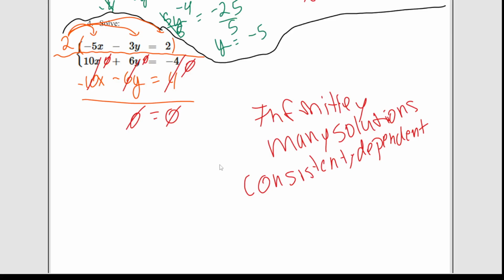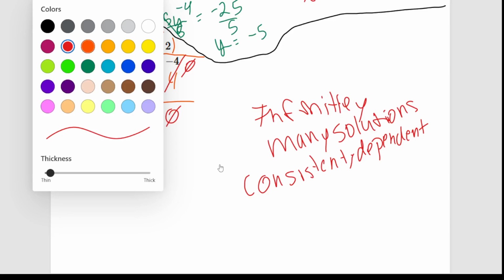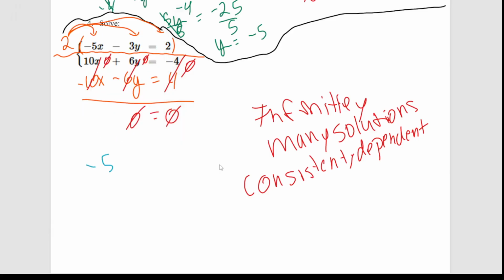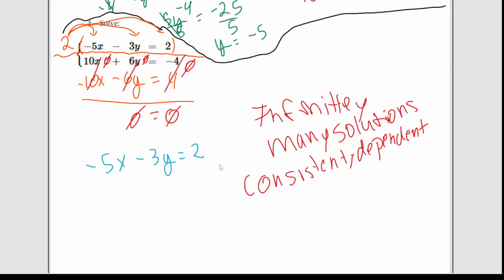Both of these are just rearrangements of the exact same equation. So in particular, if I insisted on finding the equation, I'm just going to pick to solve with the first equation. If I were to solve for y, I would first add 5x to both sides to undo adding negative 5x. Negative 3y equals positive 5x plus 2.